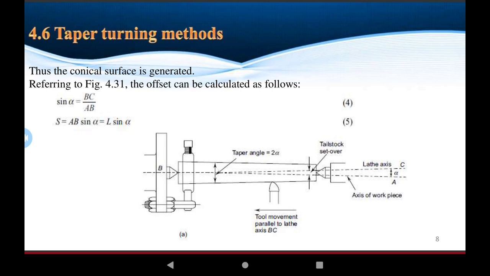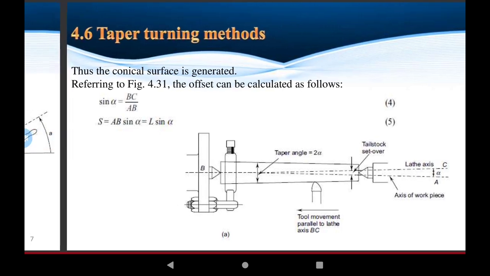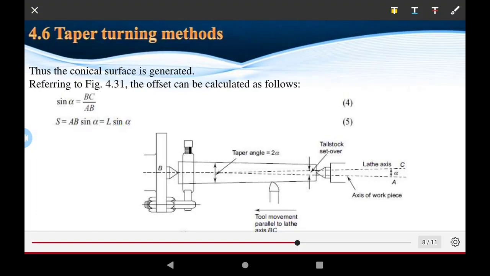All the required elements for this operation are also provided. The job is also held along this center line. This is the diameter, and the taper angle is 2 alpha.